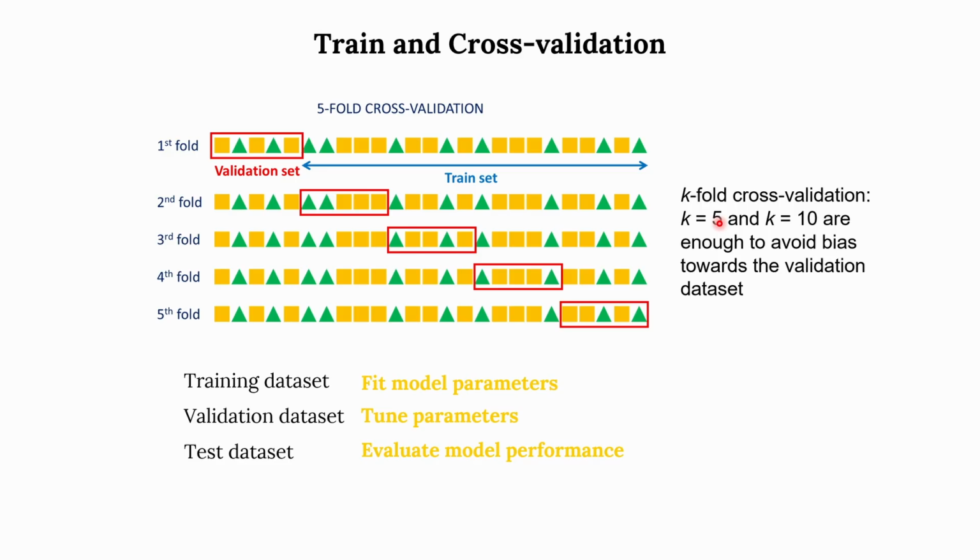Usually also reported in literature, I don't have here the article, but when your K is equal to 5 or 10, it's usually enough to avoid bias to a particular part of the dataset.